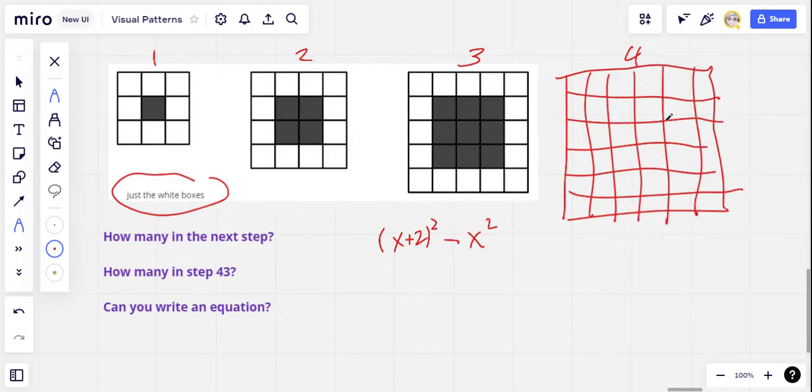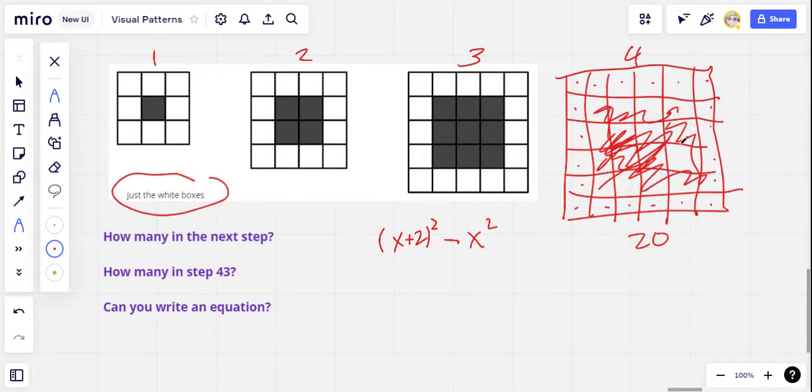So now I've got 6 in each, and then this is the shaded area in here. If we look at the unshaded boxes, I've got 1, 2, 3, 4, 5, 6, 7, 8, 9, 10, 11, 12, 13, 14, 15, 16, 17, 18, 19, 20. So I've got 20 in step 4. And that looks right to me.